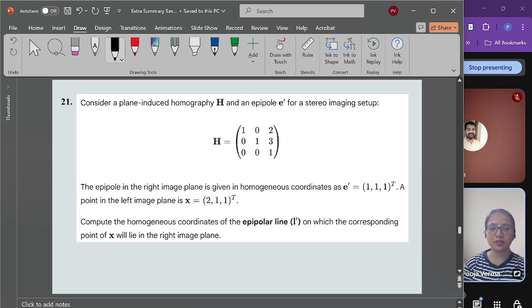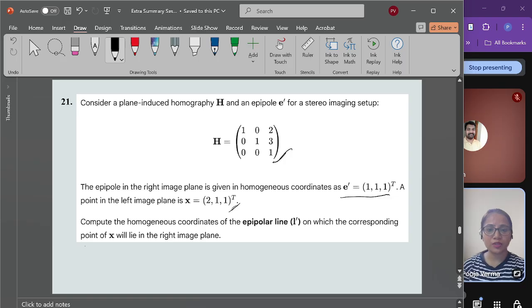Now the next question is related to the epipolar lines. So consider a plane-induced homography H, and the epipole e dash for the stereo imaging setup. The homography matrix is given here. The epipole in the right image plane is given by homogeneous coordinates e dash, that is 1, 1, 1, and a point in the left image plane is given as x = (2, 1, 1).